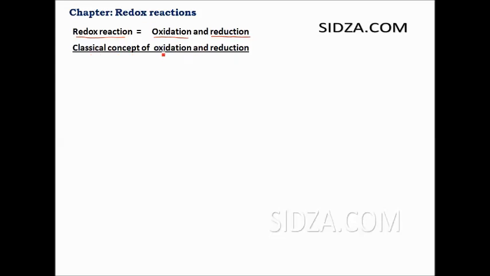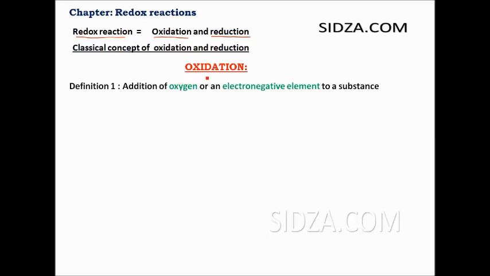As per the classical concept of oxidation and reduction, oxidation is the addition of oxygen, or the addition of an electronegative element. Suppose we take certain reactions here. Magnesium reacts with oxygen.